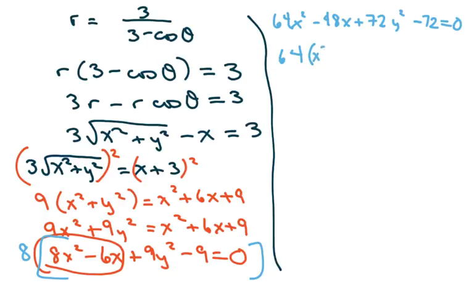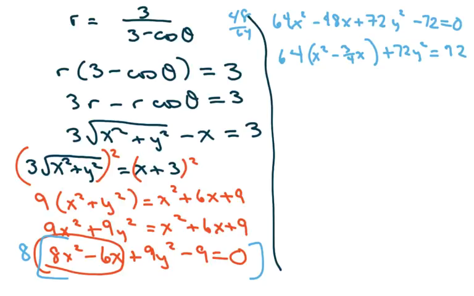I'm going to get x squared, and I'm going to divide 48 by 64, and you get 3/4. So you're going to get minus 3/4 x. Then I'm just going to put the 72y squared here, and I'm going to move the 72 over here. So that's a different way than completing the square.